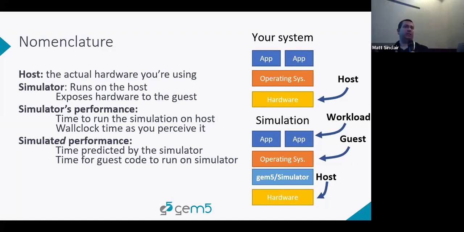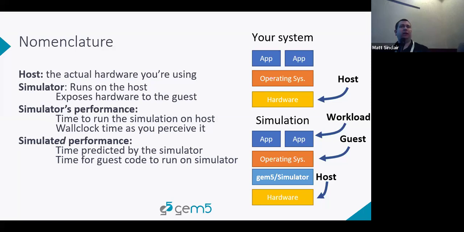So again, just to use the same example, if you wanted to pretend that you're running on an AMD GPU in gem5, even if there's not a real AMD GPU in your system, because you're running gem5 on, say, an x86 CPU, within the simulator, we will predict how long that application takes to run, i.e., how many cycles do we think it would take to run on that simulated GPU. So this is, if you will, the time for the guest code to run on the simulator.